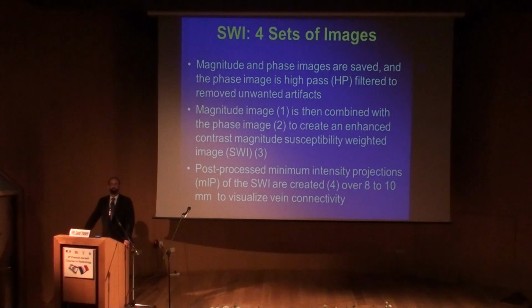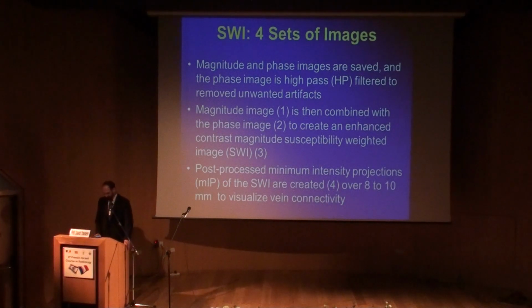When you use susceptibility-weighted imaging on the Siemens product, you get 4 different images. You get magnitude and phase images. The phase images are filtered. You then have what's called the susceptibility-weighted image. And then in post-processing, you do MIPs. But this time you're not looking at maximum intensity projection like you do for an MRA. You're actually looking for the minimum signal, the darkest signal.